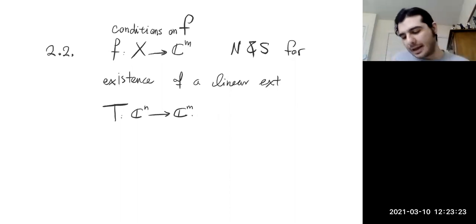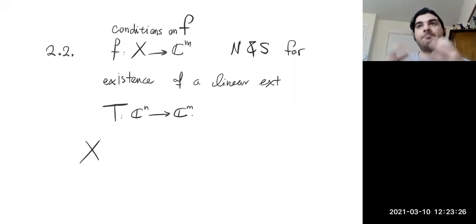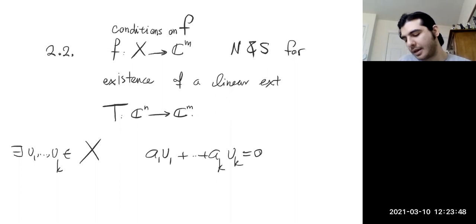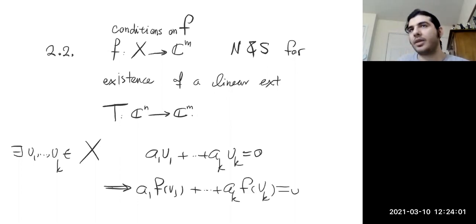What you want to say is that if X is any set of points, and we can find elements in X having some linear relation, for example, suppose there exist elements v1 up to vk in X which have some linear relation, then the property for F is this: the value of F on v1 up to vk should still satisfy the same thing.